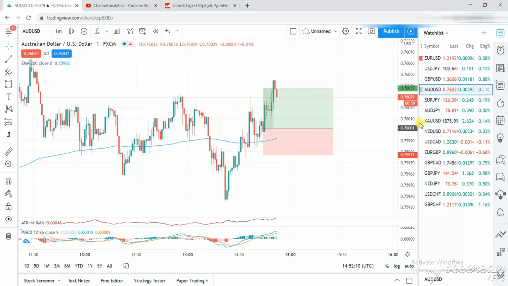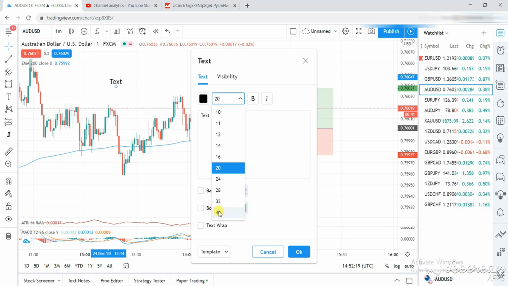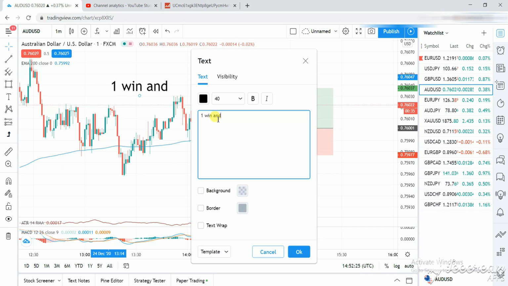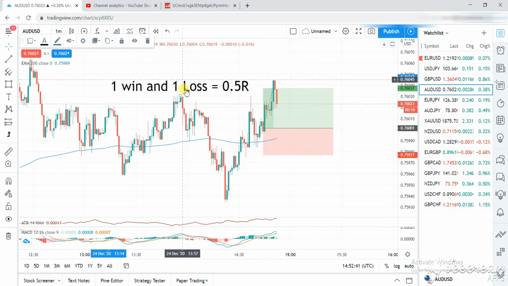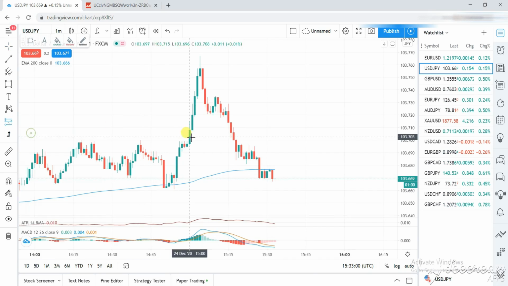So this is 1-1 for the day. We've won 1 and we've lost 1. So let me put that down on the chart. So 1 win and 1 loss, so we have 0.5. So let's go for the new entry. I just saw this one now, so let's get in for a short, for a sell at this point.